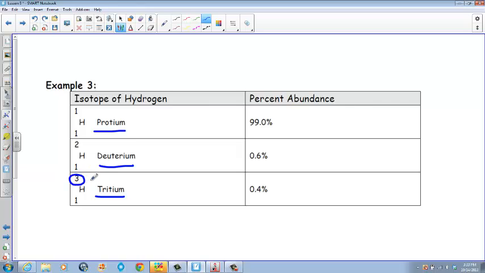Prefix with the mass number: tri, duo 2, and pro meaning 1. So percent abundance, look at that, protium, 99% of all hydrogen isotopes are hydrogen 1, only 0.6% are hydrogen 2, and only 0.4% are hydrogen 3.